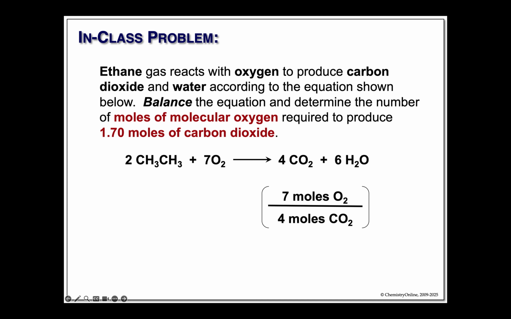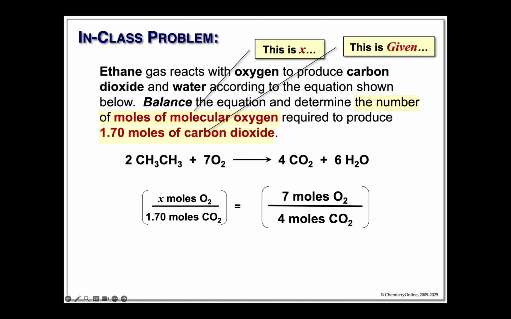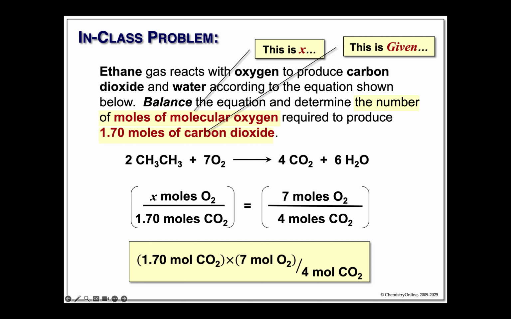Now the unknown ratio, we're looking for moles of molecular oxygen, that's our X. Our given, as we said, 1.7 moles of CO2. So the unknown ratio looks like that. The math is simple. 1.7 times 7 divided by 4.